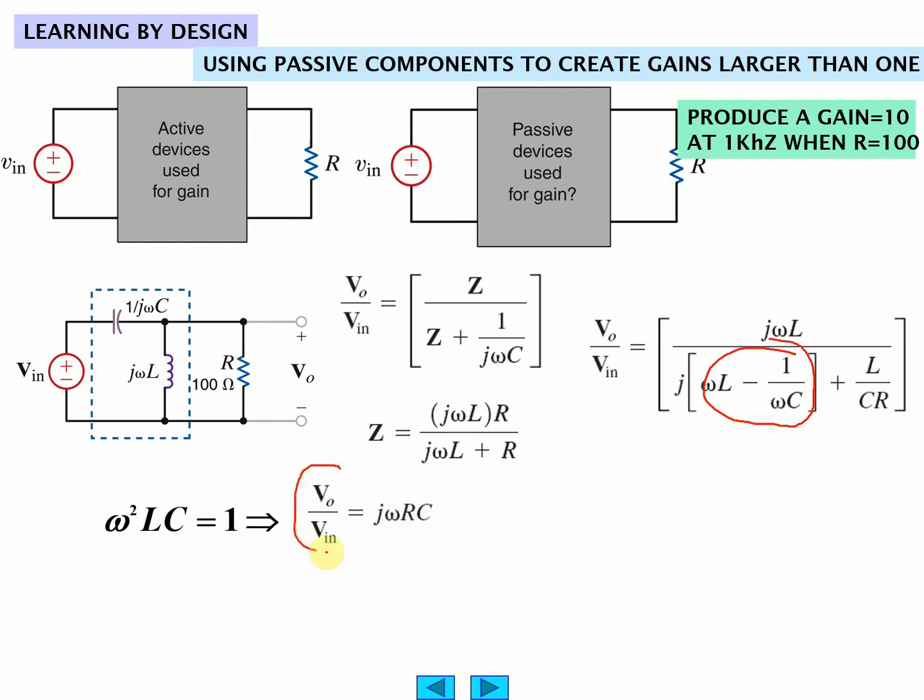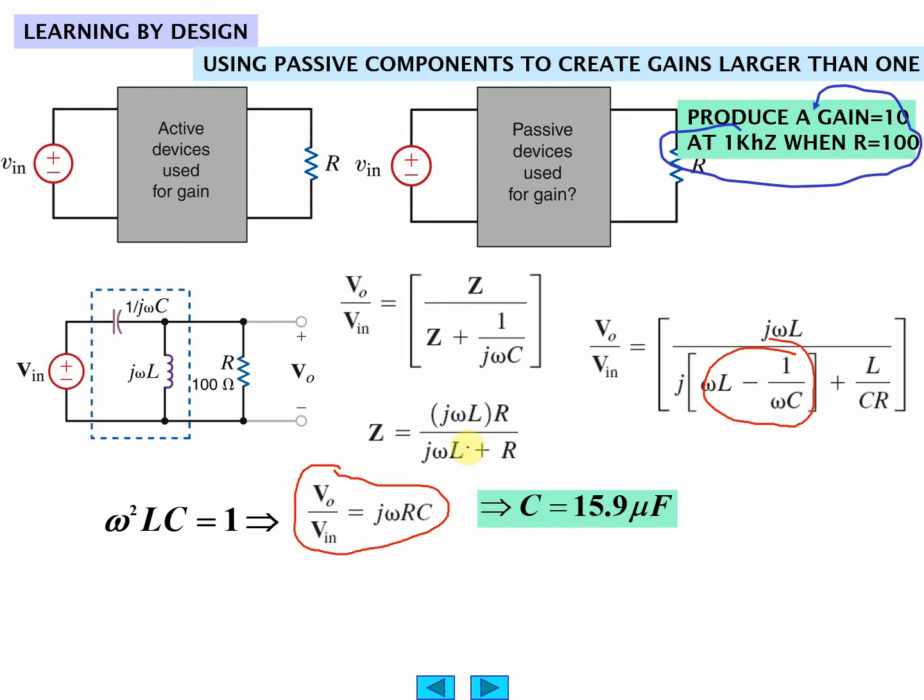You're going to get this gain. And you choose the capacitor to make that happen. And then once you have the capacitor, we have the kilohertz, R equals 100 ohms.